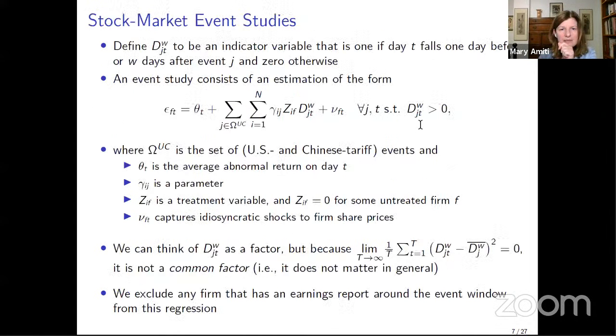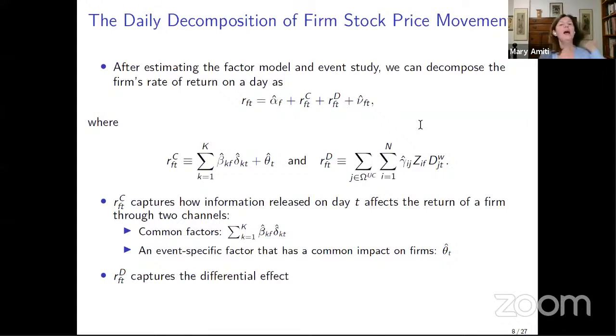So I think I was up to here. Okay, so then what we can do is decompose the firm stock movements into these components. So we've got the factor model and the event study. Now RF, as I said, is just the daily stock price return for each firm.